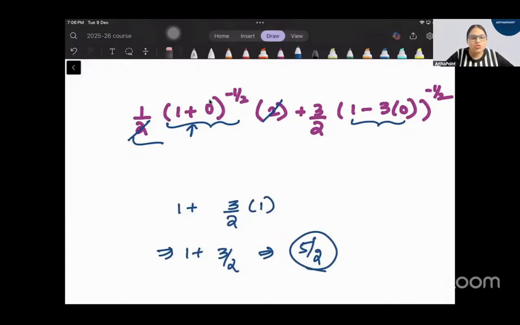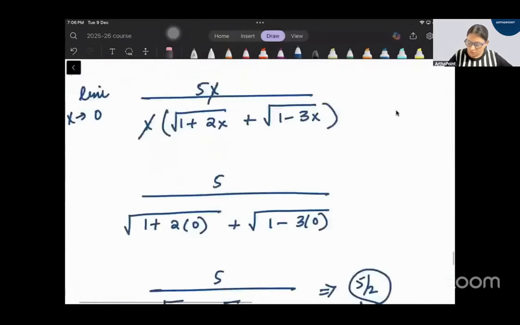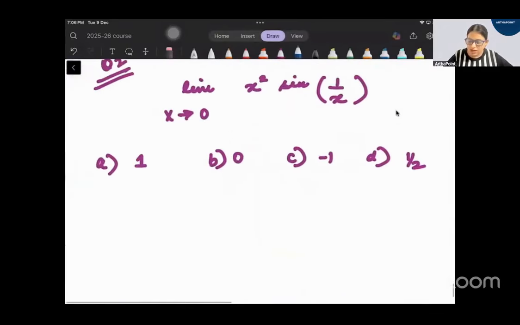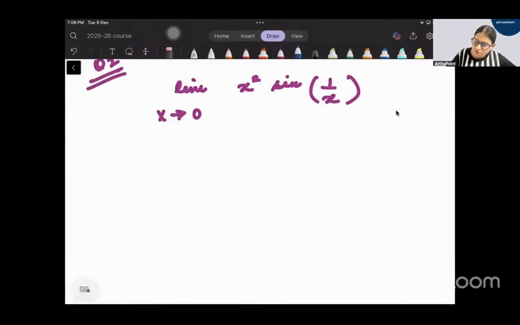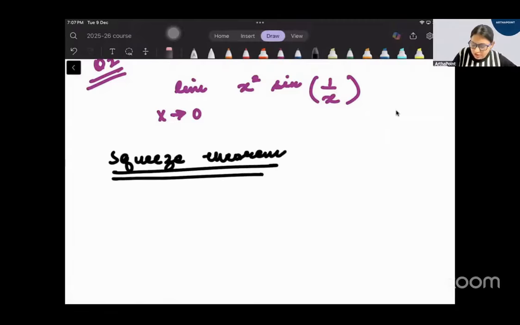Okay. So now let's talk about the second question. Again, there are multiple ways to solve this question. It depends on how you want to solve it. First of all, I will solve this using the squeeze theorem. Listen to me very carefully to what the squeeze theorem says.